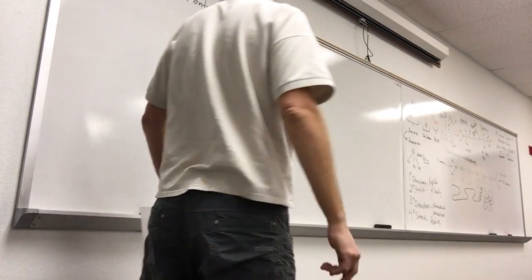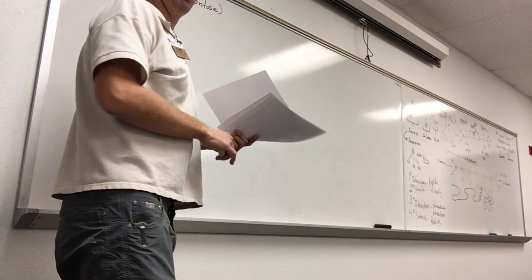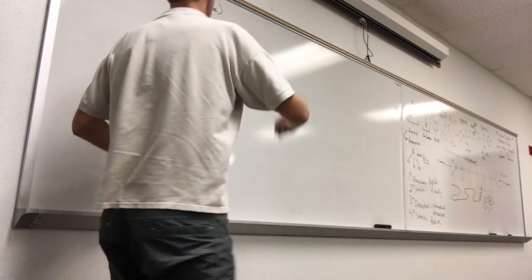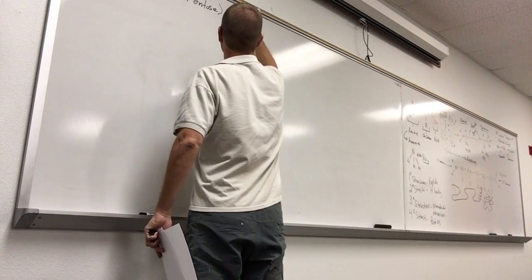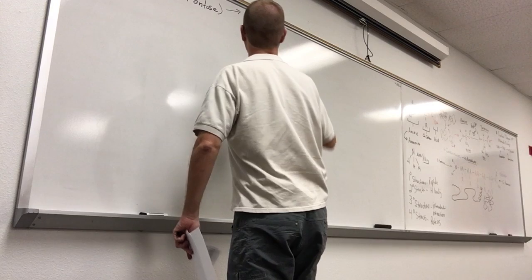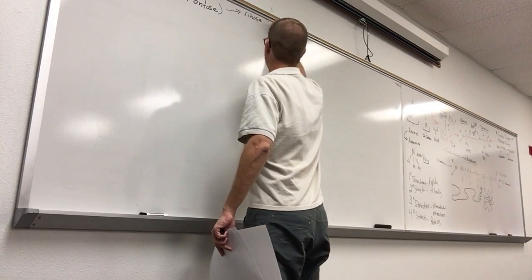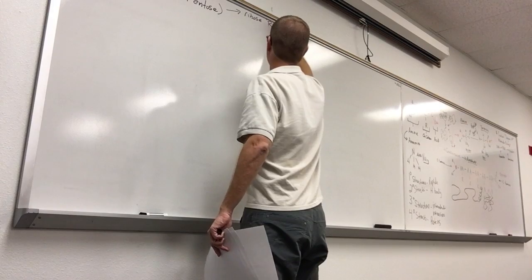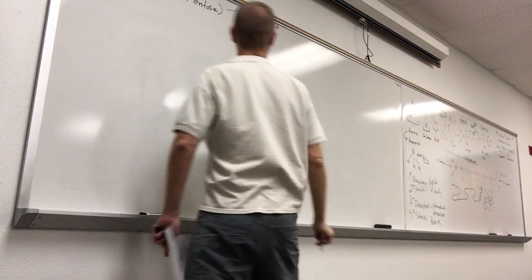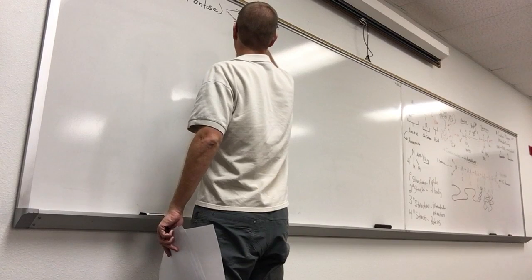Okay, so you have 2 flavors that are important in nucleic acids. You have what's called ribose, and this is the sugar backbone in RNA. And then you have deoxyribose.